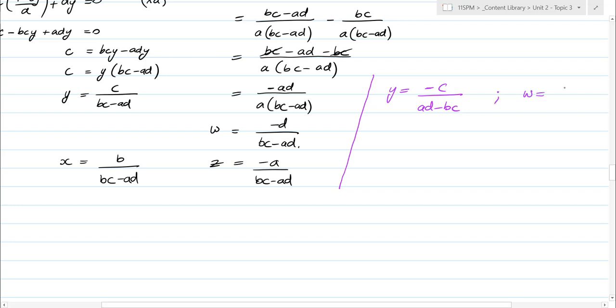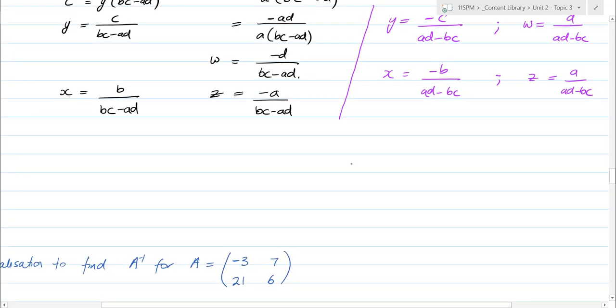But W becomes, instead of negative A, it becomes A over BC minus AD, and X becomes negative B over, that's not BC, sorry, that's AD minus BC, and Z equals A, that shouldn't be A either, should it? W's D. D over AD minus BC, which gives us this resultant matrix.